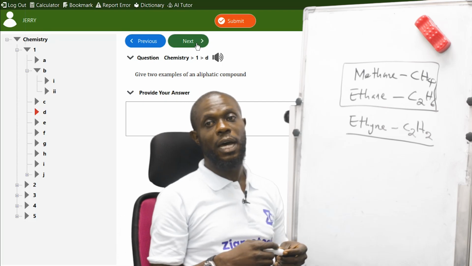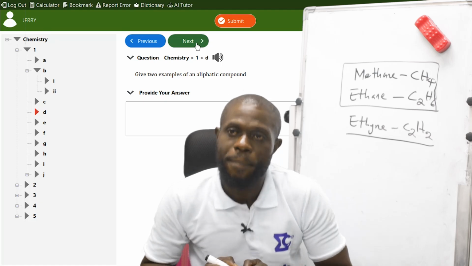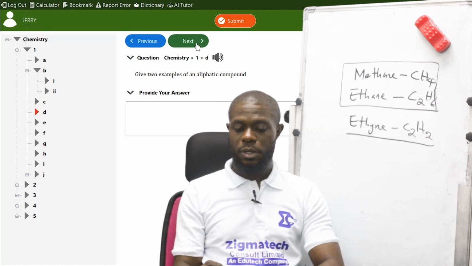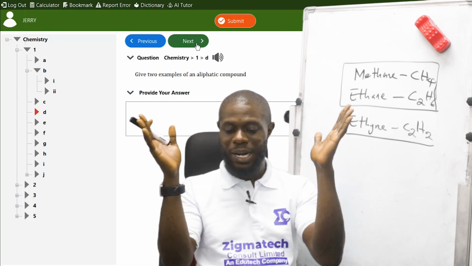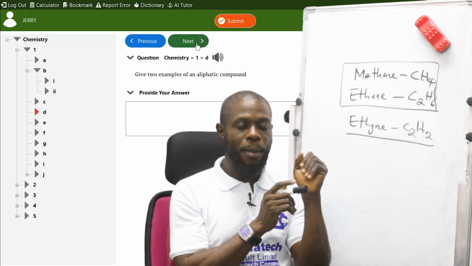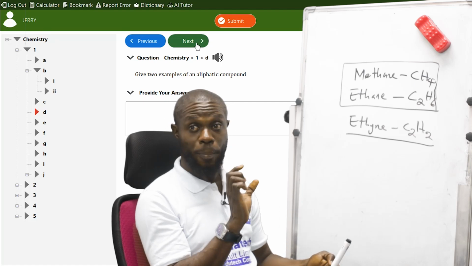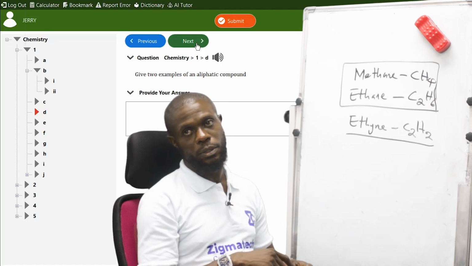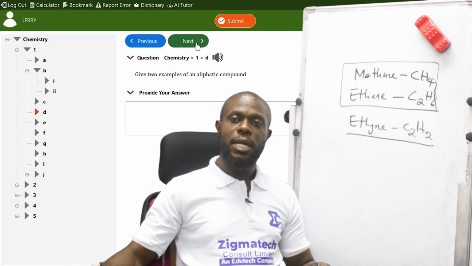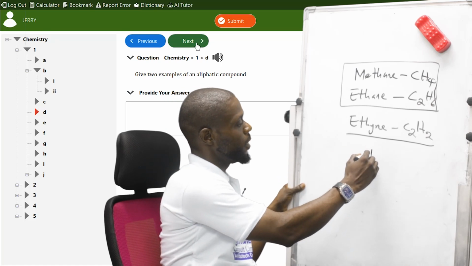Now, aliphatic compounds are organic molecules that do not contain any carbon-carbon double or triple bond. That's an aliphatic compound. So let's go to the next. If you check here, methane is written like this.